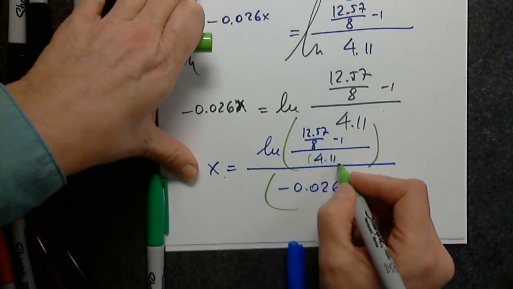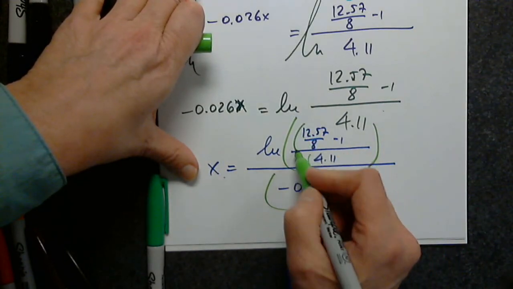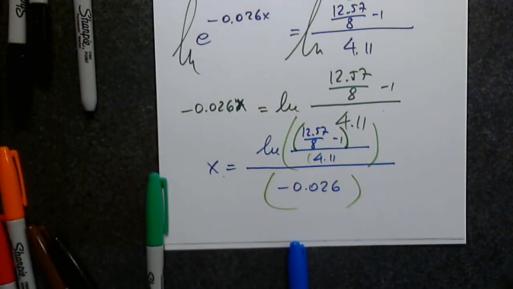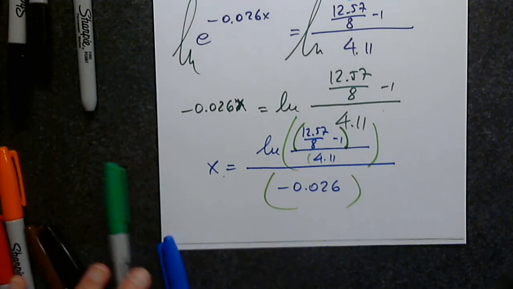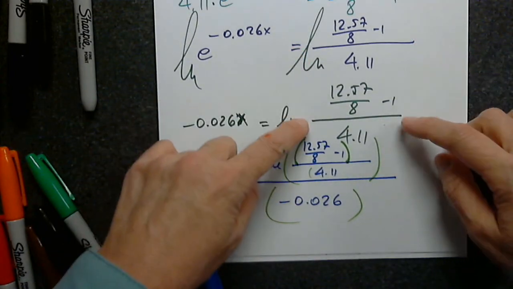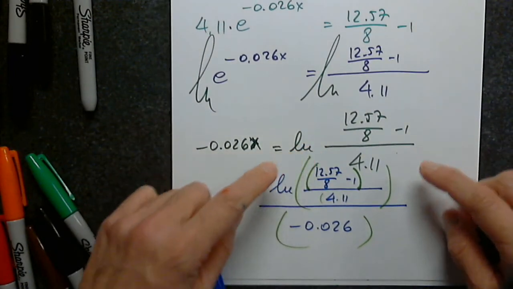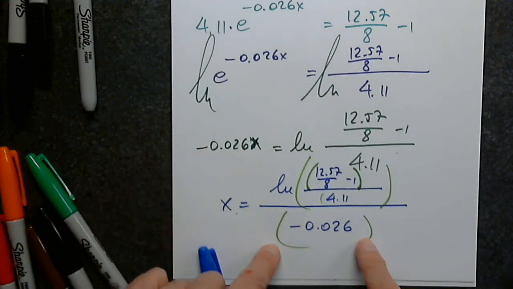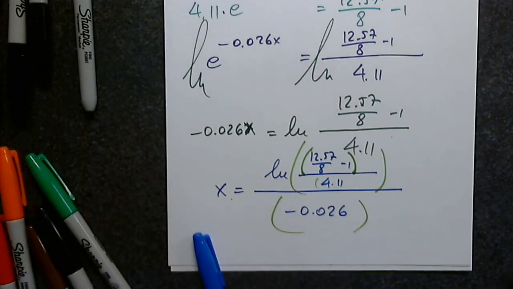You don't really need parentheses here because it's only one quantity, but definitely you need parentheses here. If you omit any of these, you may not get the correct answer. Ready? That's why I said step by step, make sure that you understand where the fraction line is. Now the fraction line is here because I have to have this in the numerator and this in the denominator. So let's do this.